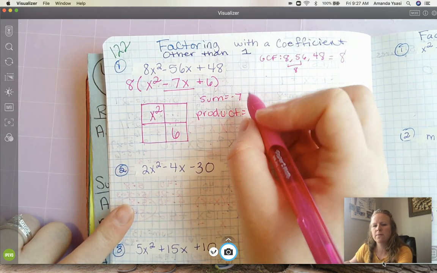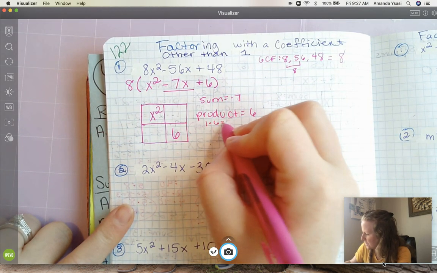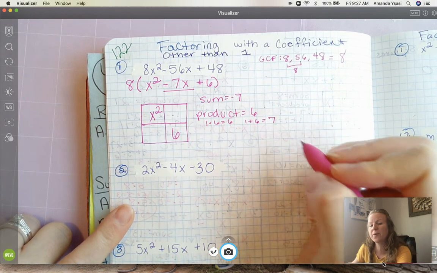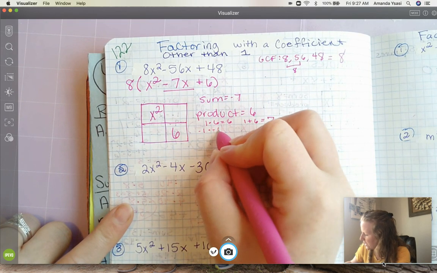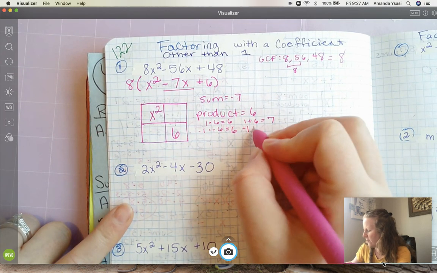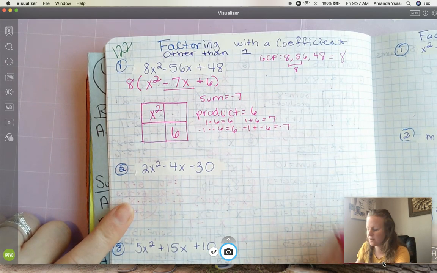So positive product. So let's say 1 times 6 gets 6, but 1 plus 6 gets positive 7, but we want it to be negative. So what about -1 times -6 to get positive 6, and -1 plus -6 to get -7? So that works.